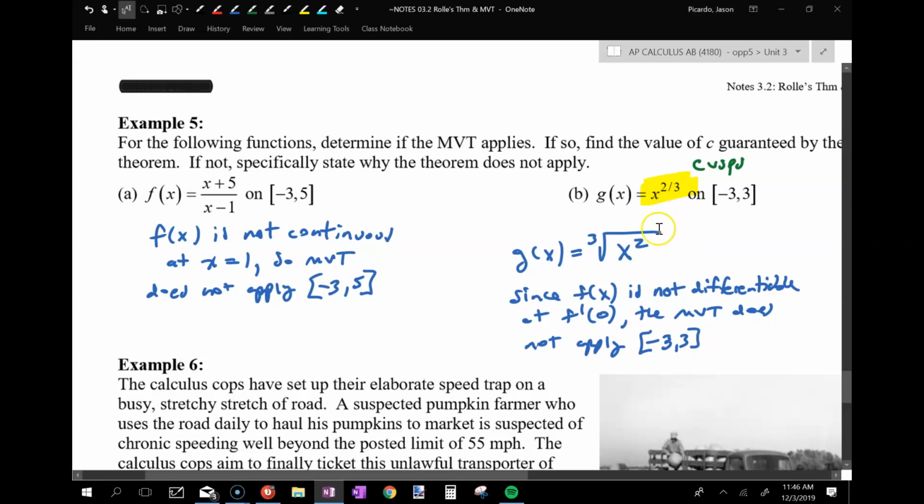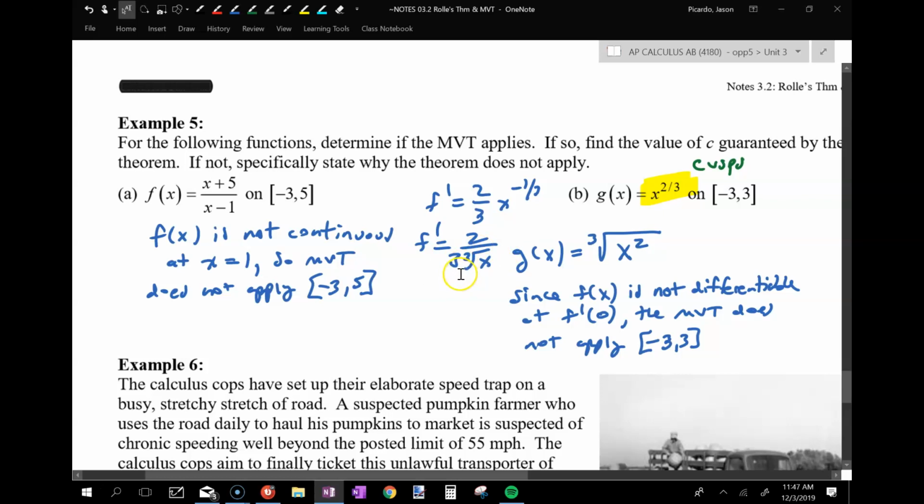Not to mention, guys, were I to take the derivative of this, what would I get? Well, I would get 2/3 x to the -1/3, which is the same as this, right? So where does the derivative not exist? At 0, right?